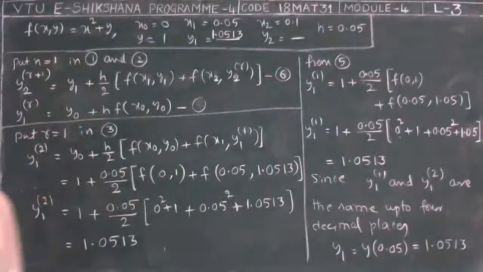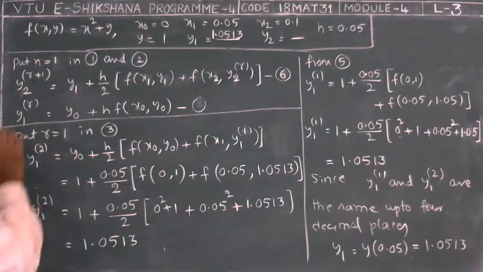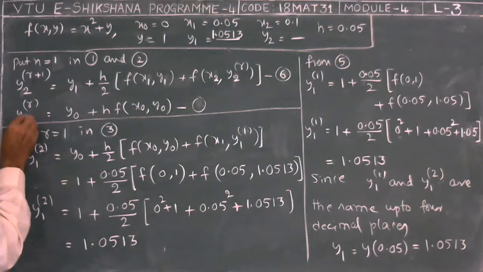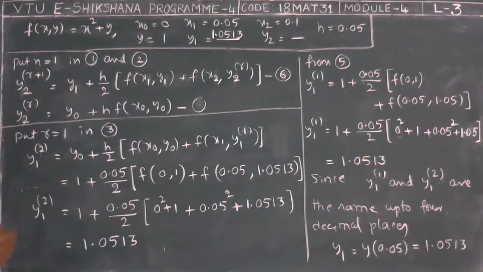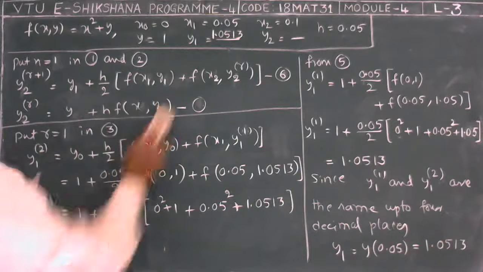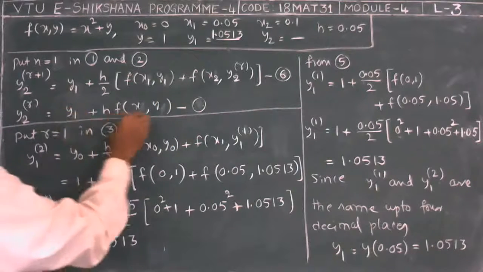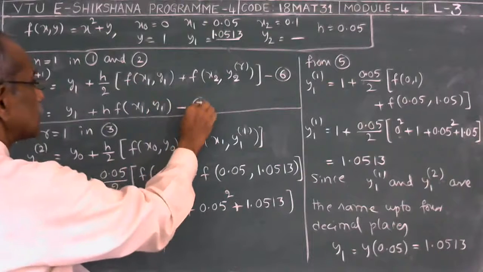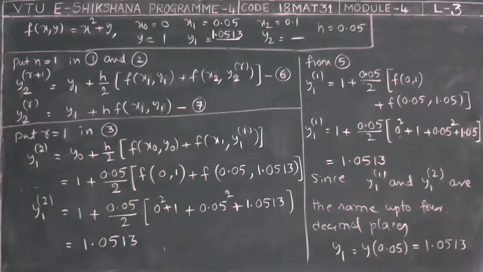Let me call this equation number 6. Then again Euler's formula will become y2 to the r... y1 plus h into f of x1 comma y1. Let me call this equation 6.